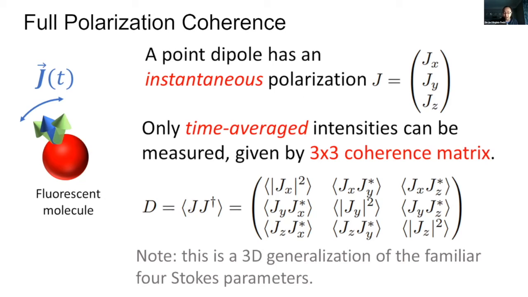Basically, what you can measure is something called the coherence matrix, which is the actual intensities in the X, Y, and Z axes, and also the correlations between all these components. You can think of it simply as a 3D generalization of the familiar 4 Stokes parameters that people routinely measure in polarimetry.